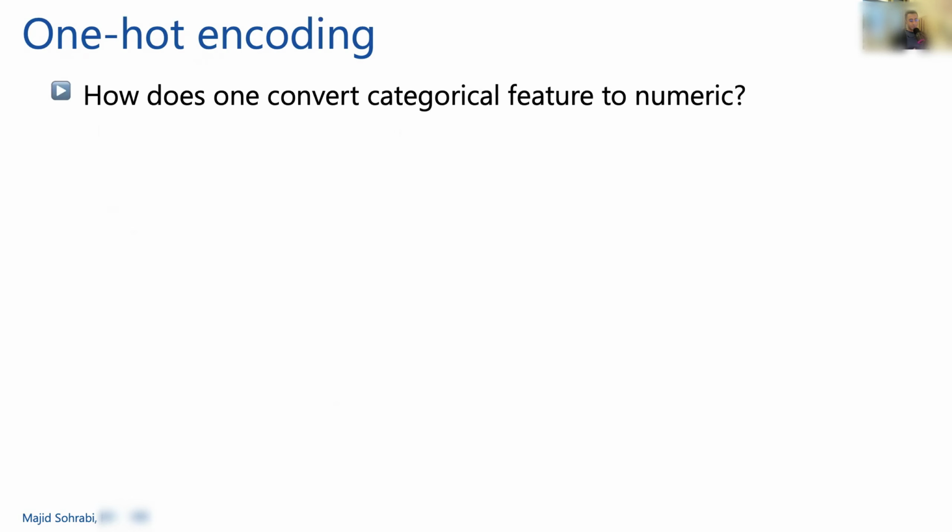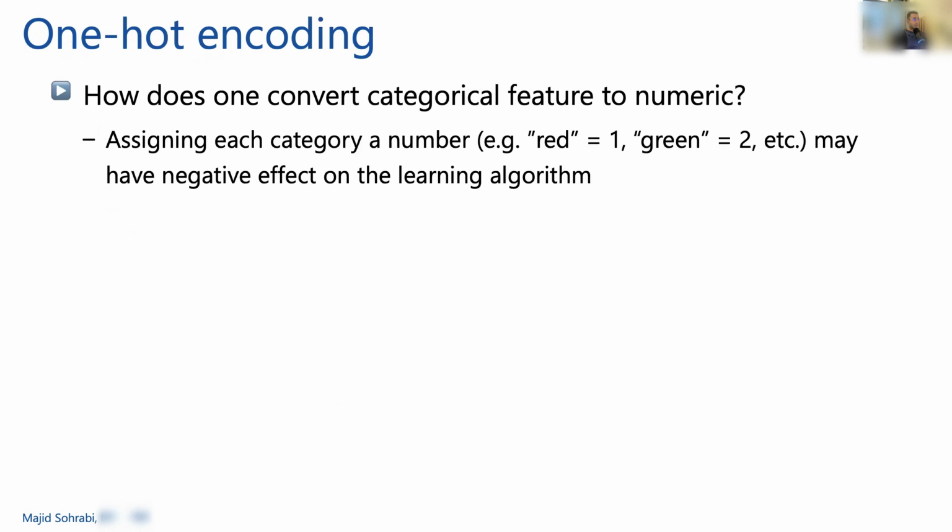Most of the algorithms work only with numerical values. So there should be some way to convert categorical features into numeric. One strategy can be to assign a single number to each category. Let's make a clear example.